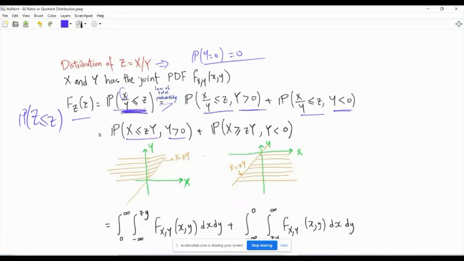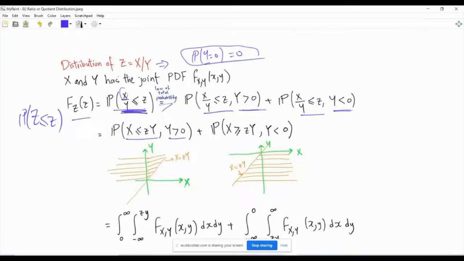Because we are dealing with continuous random variables, you don't want Y to take the value 0 with positive probability, because this would cause trouble in the definition of X over Y itself. If there is a strictly positive probability that Y is 0, then there is a strictly positive probability that you are dividing by 0, and then Z would be like infinity minus infinity.